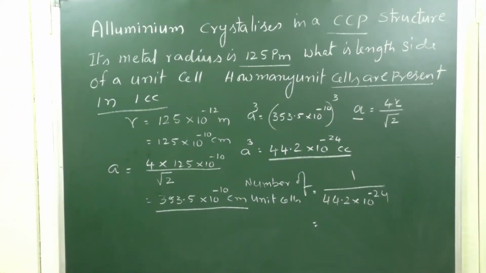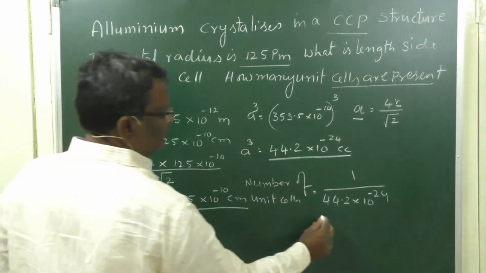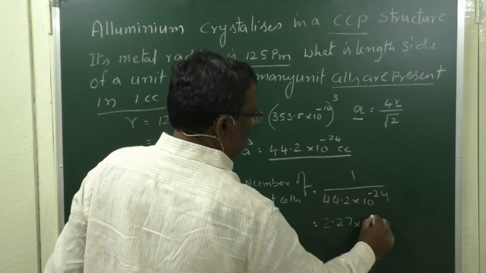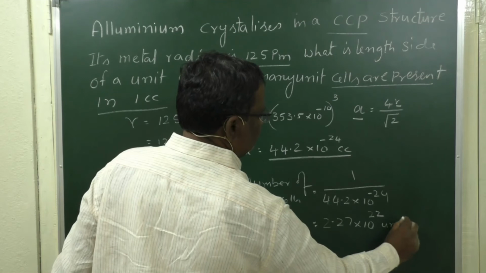On simplifying this, you will get 2.27 into 10 to the power 22 unit cells.